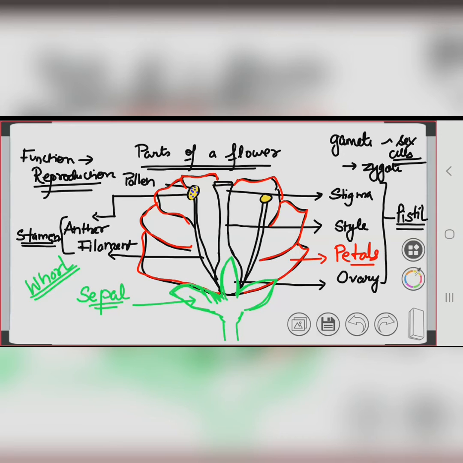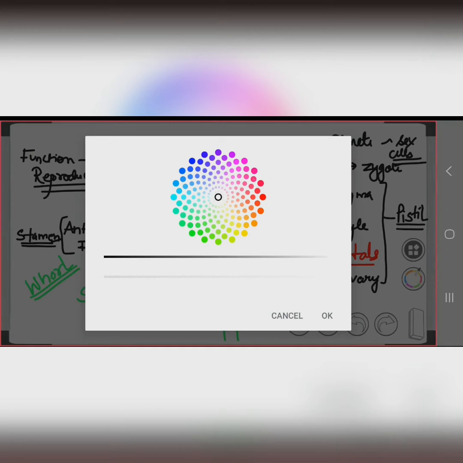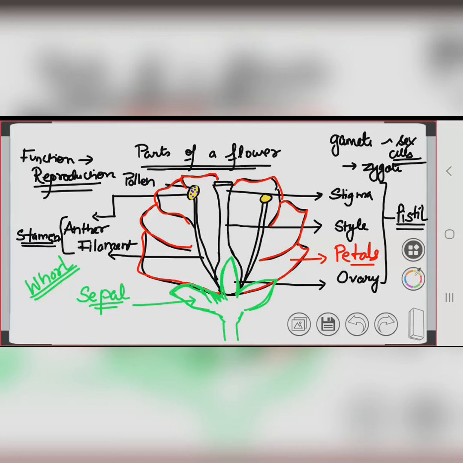They need to meet. So how will they meet? Before we go there, let's see where the female gametes are. Female gametes are found in the ovary of the flower.